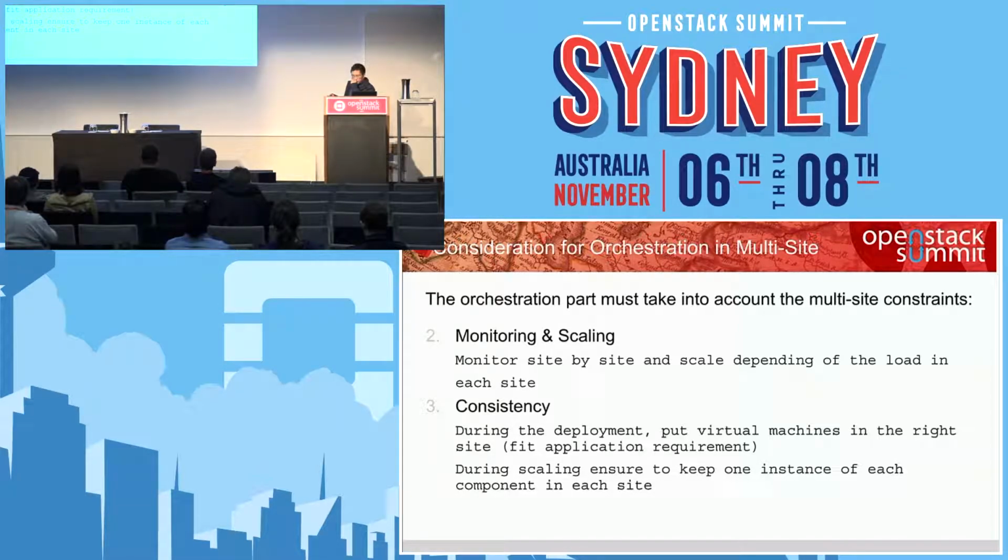Sometimes we may create some virtual machine in some site, but did not process it properly. So we need to consider which kind of components should be put in which site. And the best one is that all sites keep the same structure.